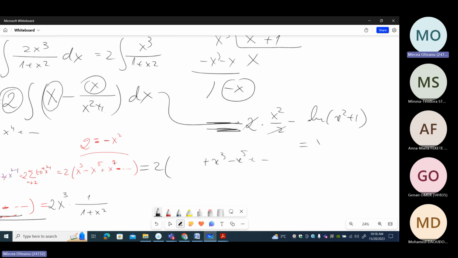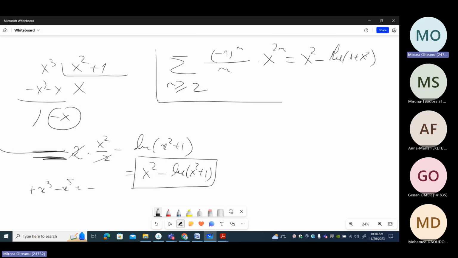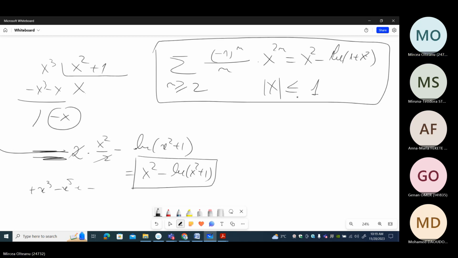So finally, we get x squared minus logarithm of x squared plus 1. This is the answer. So the sum of the series starting with n equals 1 of minus 1 at n plus 1 over n times x at 2n equals x squared minus logarithm of 1 plus x squared. Of course, modulo of x is less or equal than 1. Remember, we discovered that the series is convergent also at minus 1 and at 1.